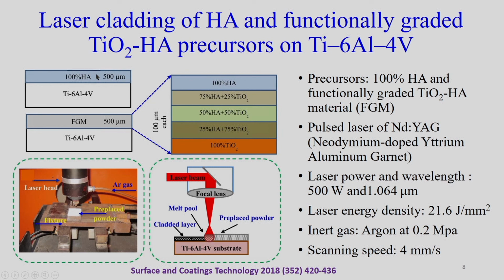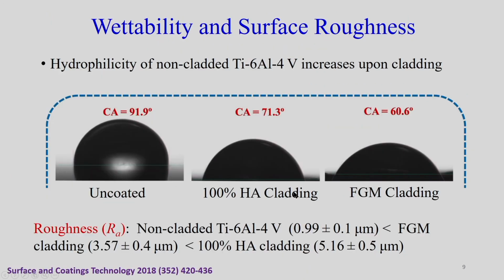So, after this laser cladding, let us see the surface properties of the coated titania. Here uncoated the contact angle was close to 90, but after 100% HA the contact angle is 70. Further, when we mixed it with the titania and HA, as expected the contact angle has further decreased, it became more hydrophilic. And again if you just see here the roughness, the non-cladded titania roughness was close to 1 micrometer.